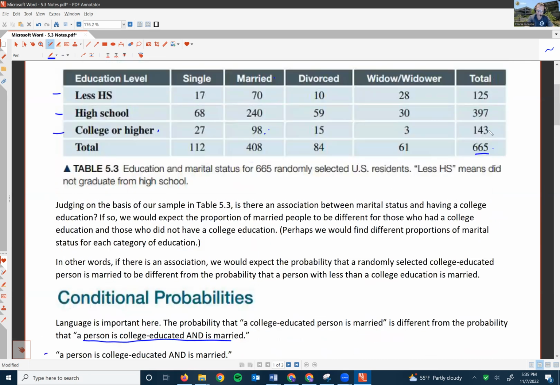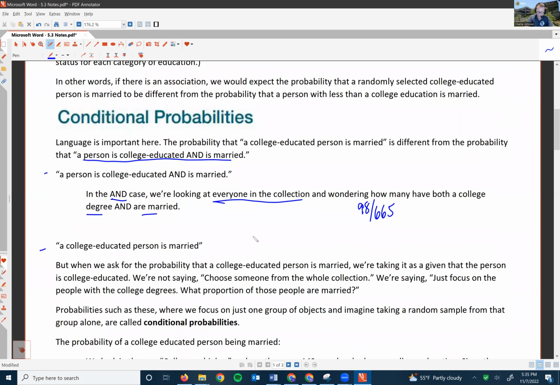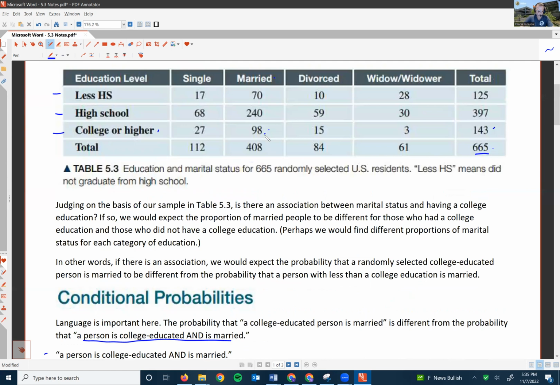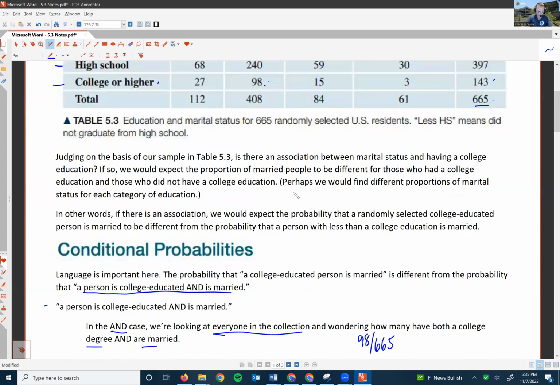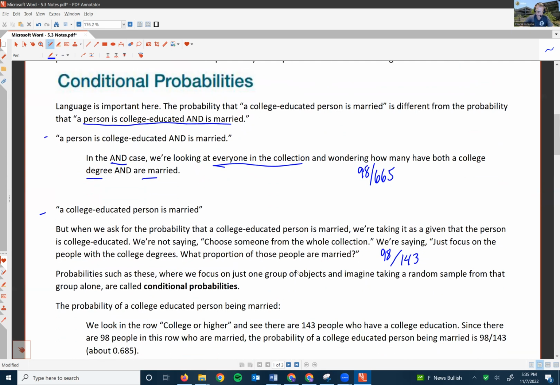And of those who have a college degree, there's 143 of them. And of those people that are college educated, what proportion are married? Well, there's 98 of those college educated people who are married. So the probability is 98 out of 143.